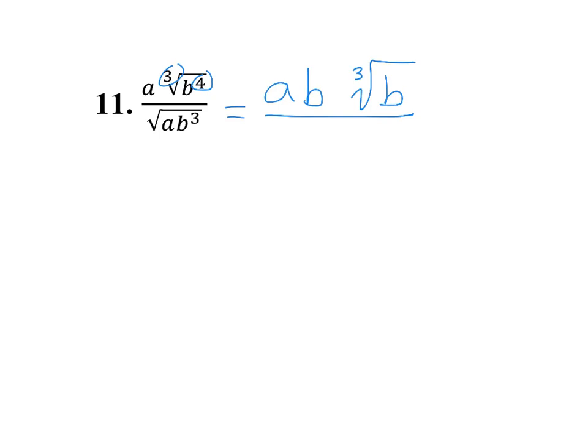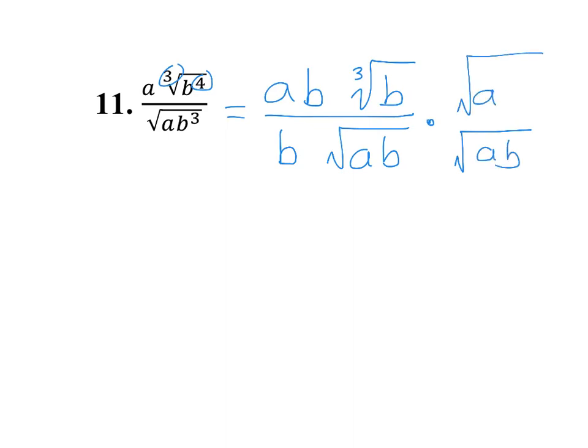In the denominator, we know that 1 b can come out, and 1 b has to stay inside. Okay, so we don't want any radicals in the bottom, so we're going to multiply the bottom by radical ab.